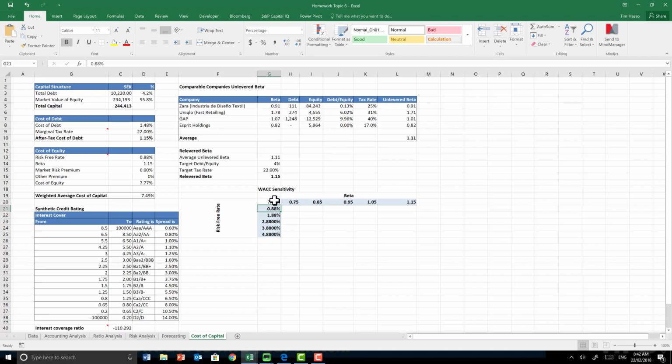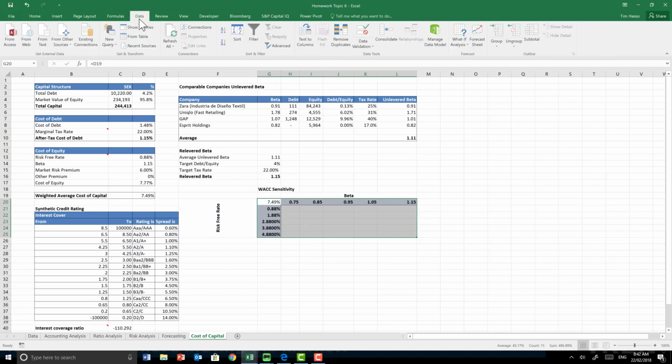Now, the next step is to highlight the entire area, go to the Data tab, and then under What-If Analysis, click Data Table. Under row input, I'm going to put the beta, and under the column input, I'm going to put the risk-free rate. Click OK, and you get Excel to basically do all the work for you.